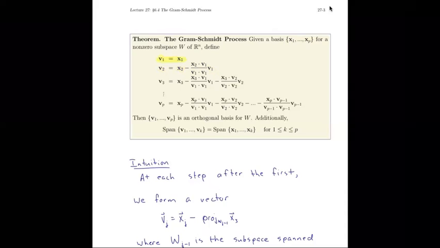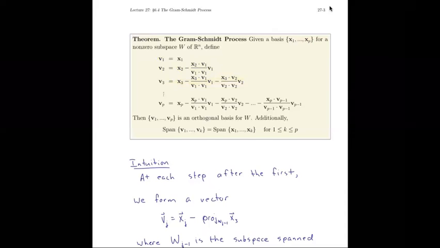Now, when we just had one vector, v1 equals x1, this means that the span of v1 equals the span of x1. That's obvious. So that's the base case really to consider. But what I've sketched here for v2 really just continues on down the chain. And the book has a more general argument for it.